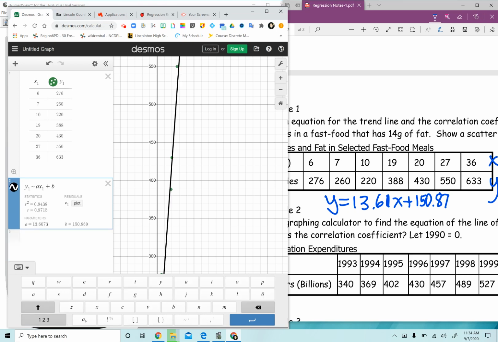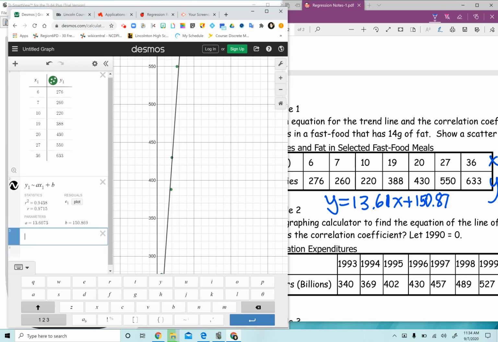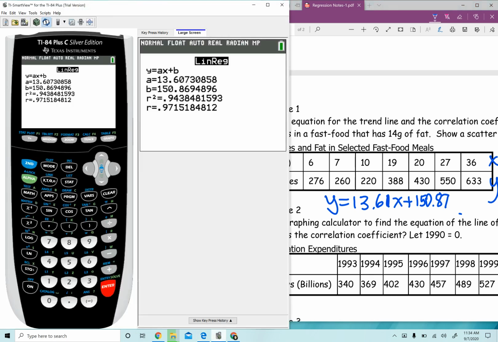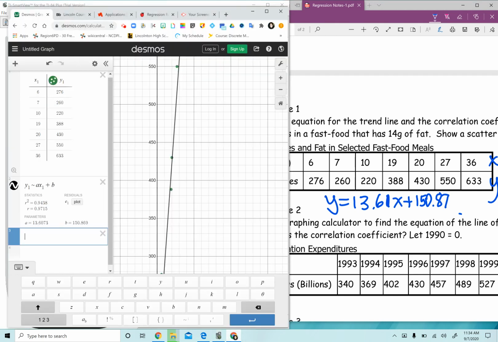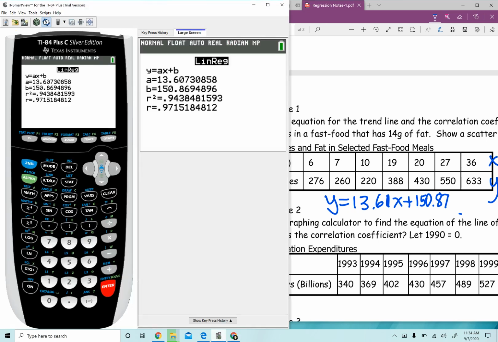And you'll see that it gave us over here 13.61, which is what we got, and 150.87, which is what we got, and our r squared of 0.9438, which is what we got in our calculator over here. So the same things we got in Desmos, we got in our calculators over here.